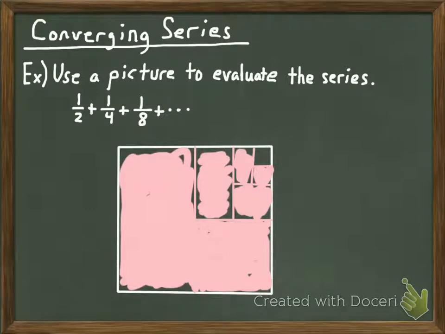But theoretically, if I were to continue always taking half of the unshaded region and shading it, and then doing half of the next unshaded region and shading it, wouldn't it come pretty close to being this entire square being shaded in? Theoretically, if we did that an infinite number of times, we would actually shade in the entire square, wouldn't we?